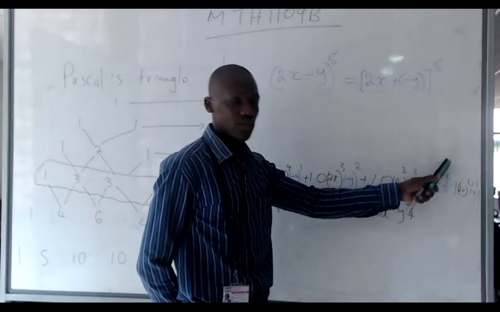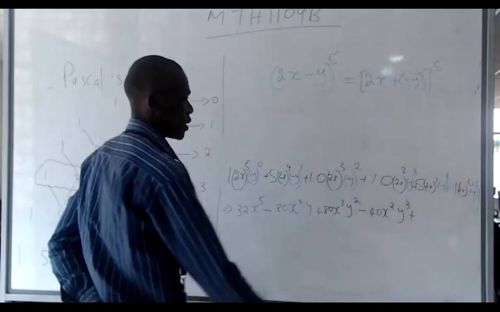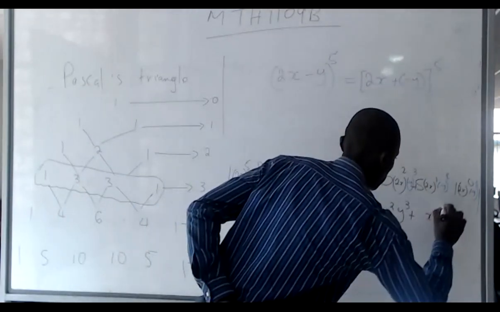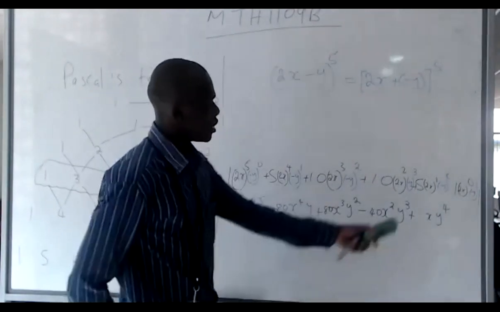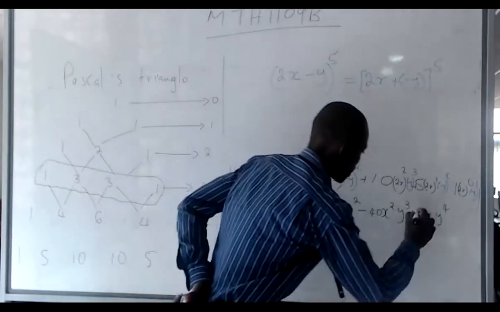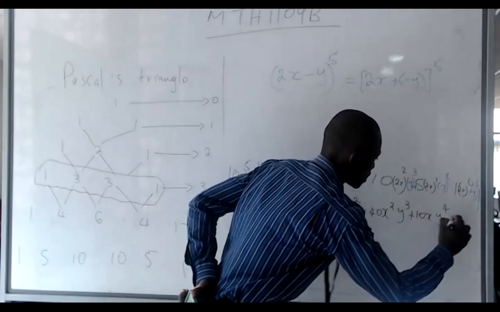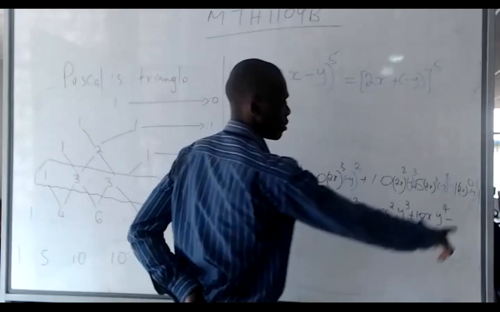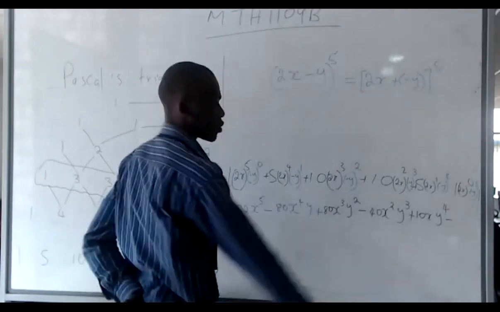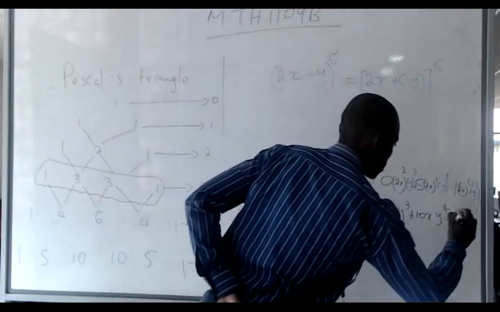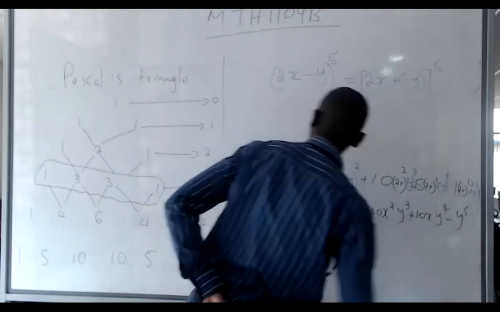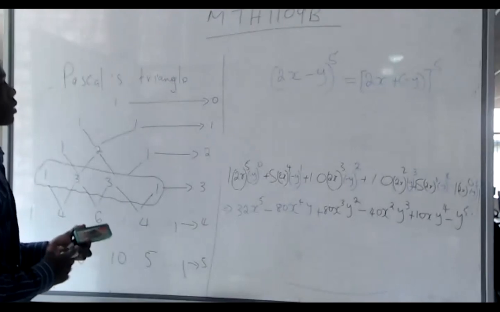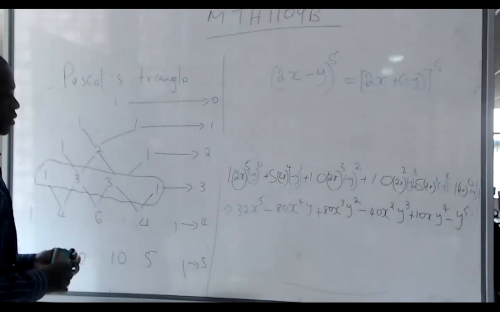A negative number raised to an even number is positive 1. So now we have x and y to the 4, with 2 times 5, that is just 10. And then lastly, 2x to the power 0 is going to be 1. Minus 1 to the 5 is minus 1. So there's this minus 1, then y to the 5. So this is the expansion of 2x minus y to the 5.